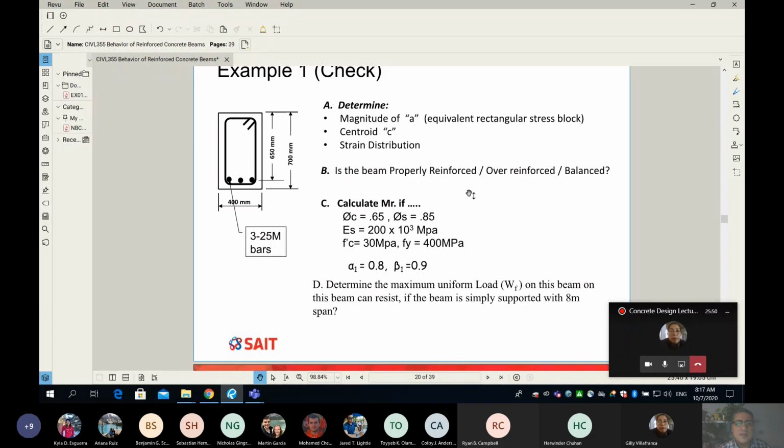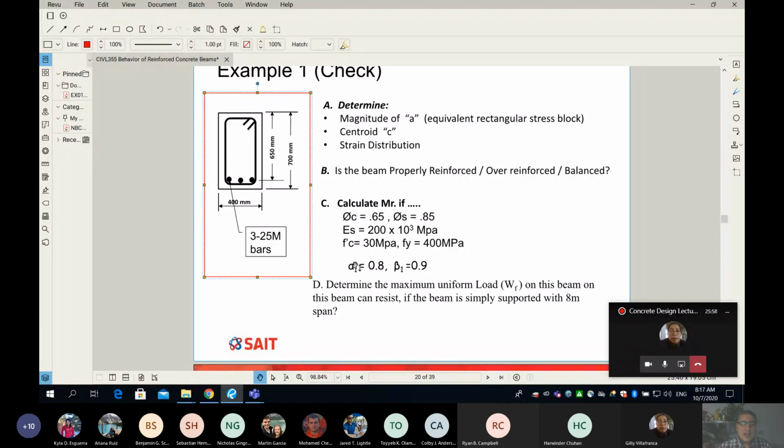Now guys, let me ask you. On the left side here, I'm going to box out this beam. We are given a beam with a width of 400 and a depth of 700. It has some rebar. How many? We have 3 25M bars, so the number is 3 and the size is 25.